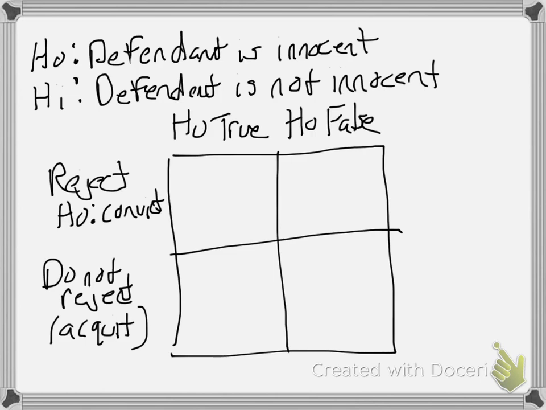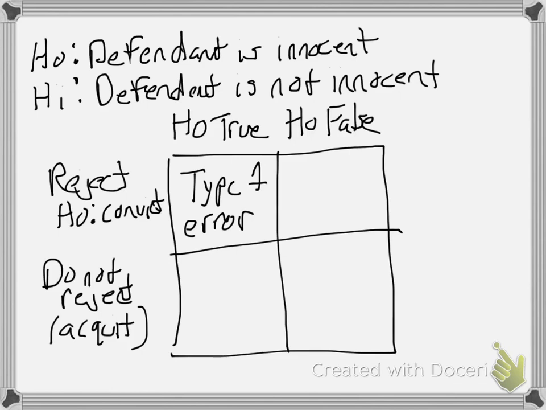Let's say H0 is true, but we reject H0 and we convict them. What have we done? We have rejected a true null hypothesis, so that is a type 1 error. We sent an innocent person to jail.